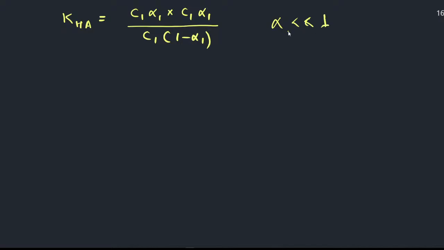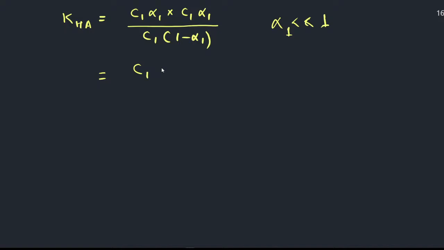So KHA is equal to C1 alpha 1 times C1 alpha 1 divided by C1 (1 minus alpha 1), and you know alpha and beta are very small, so it is rejected.